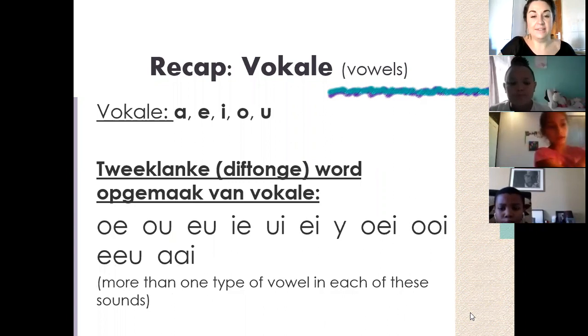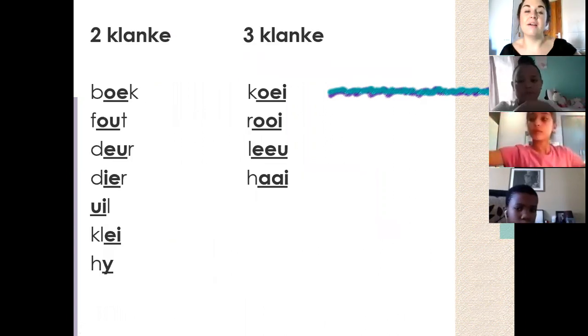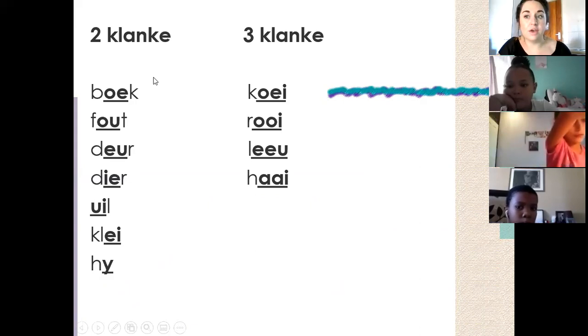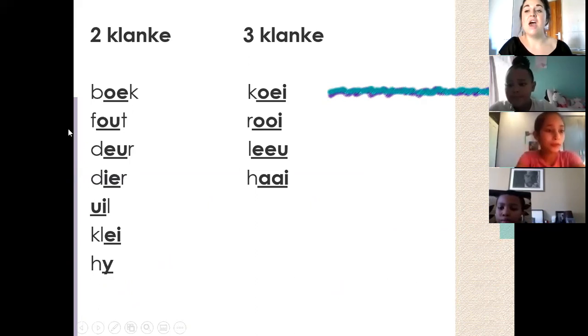Come on, screen. There we go. Okay, so now we're going to look through twee klanke here at the top. This is where we have two different vowel sounds that make a new vowel sound. Okay? Ba, u, k, book. Do you all agree? Yes. Okay, you're going to spell it with me. Out, fout.